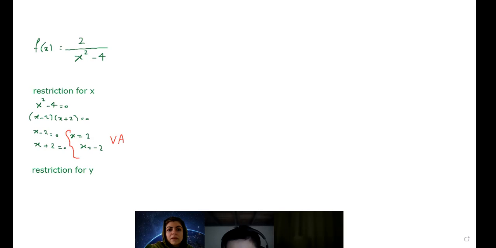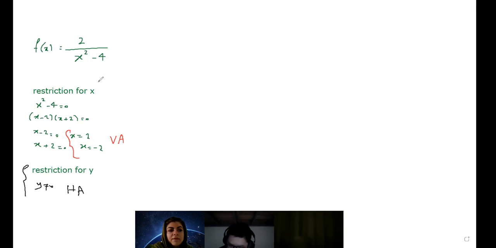That's why y cannot be 0, because the numerator is a fixed number. So this is the restriction for y, and it's going to be the horizontal asymptote.